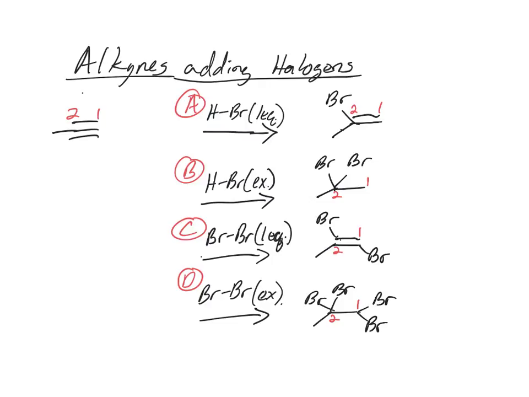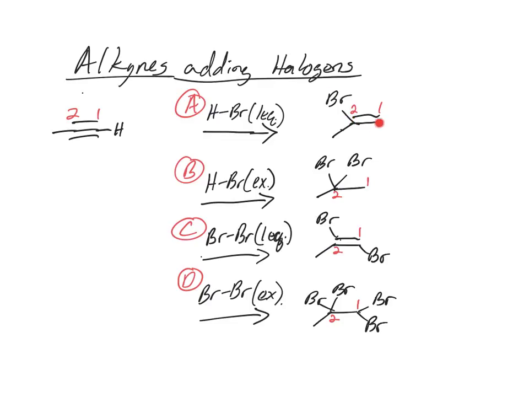All right, alkynes. Alkynes adding halogens. Four different ways to add halogens here. We have a terminal alkyne. So just like our alkenes, we should draw in hydrogens if they're there. We're going to end up going to the more substituted carbon. There's a carbocation type intermediate.